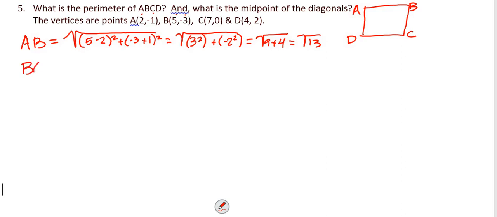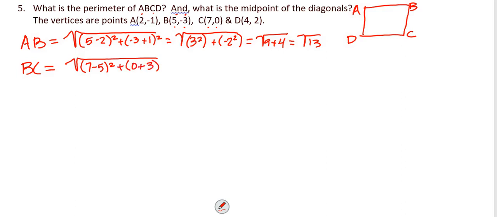Then we've got BC. Again, I'm going to call this, this time, x1, y1, the 5 and the 3, and the 7 and the 0, x2, y2. So let's do this one now. It's going to be 7 minus 5 squared plus 0 plus 3.